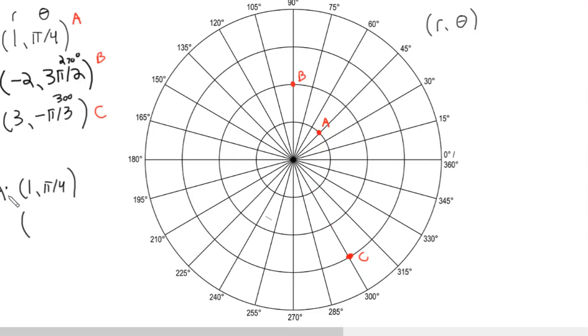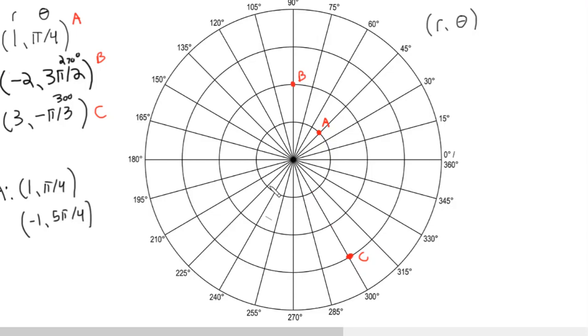And what if I told you that another way of writing this was -1 comma 5 pi over 4? So let's think about that. Well, 5 pi over 4, we know that that's 225 degrees. It's 180 degrees more than this angle right here. So I'd be right over here.